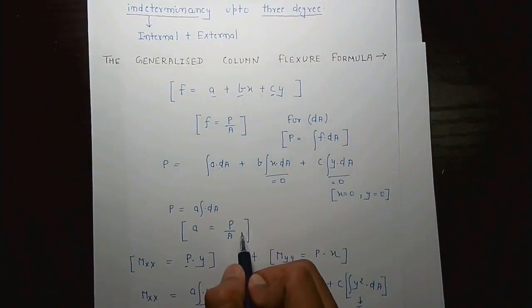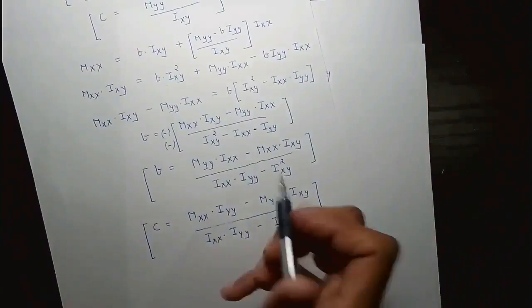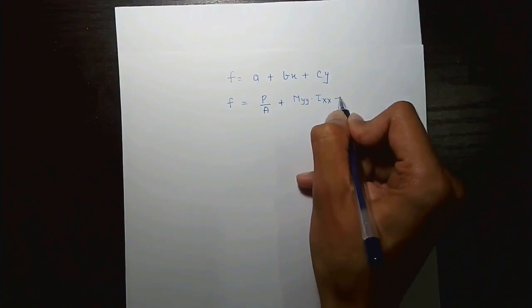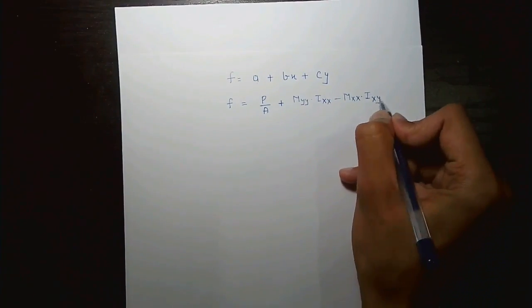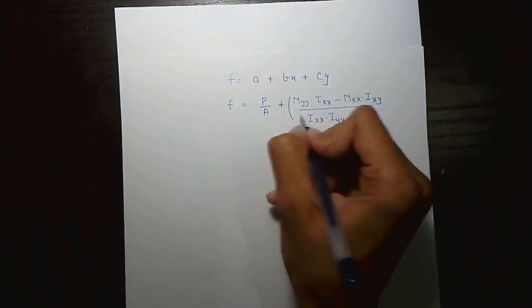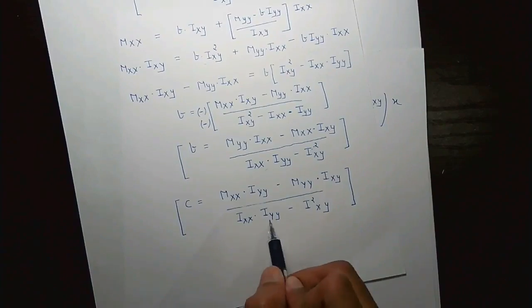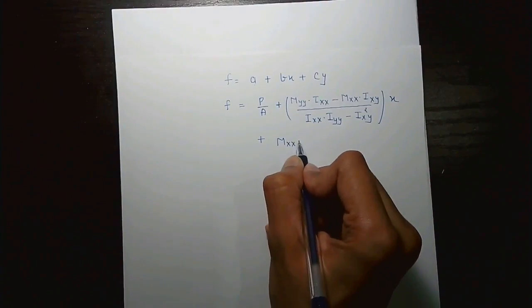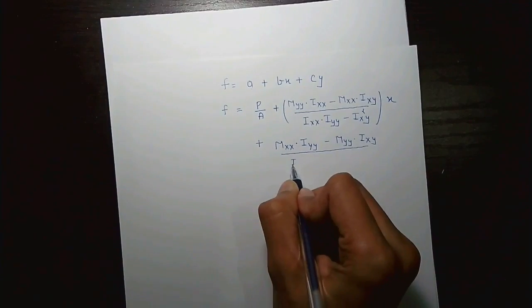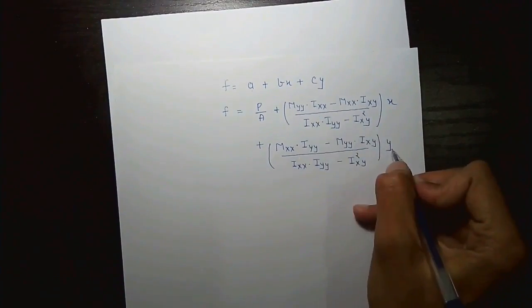A is P divided by A, and B is this, multiplied by x, and C is this, multiplied by y.